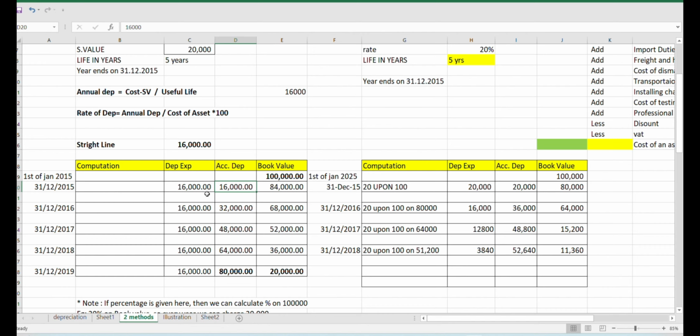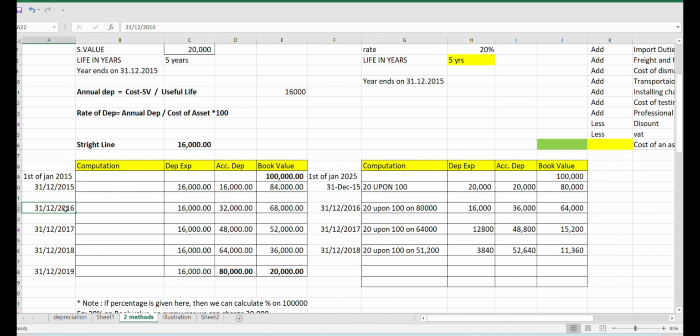In the depreciation account, 16,000 will be expensed out, and in the balance sheet, it will show as 16,000 in the accumulated depreciation account. The accumulated depreciation account is a contra asset. It will get subtracted from the asset value.